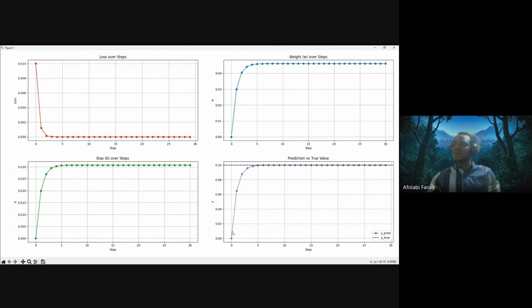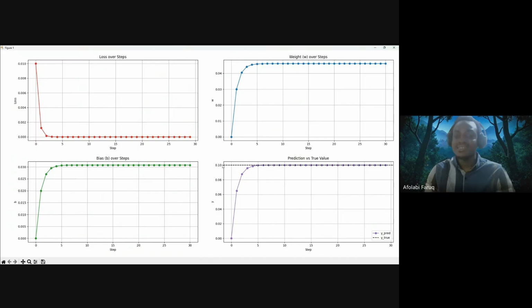Over the first, second, third epoch, there was some improvement. But as soon as it reaches the fifth epoch, you can see the prediction meets the true value. If you look at our code earlier, the true value was 0.1, and we met that on the fifth epoch. So that's the beauty of backpropagation.